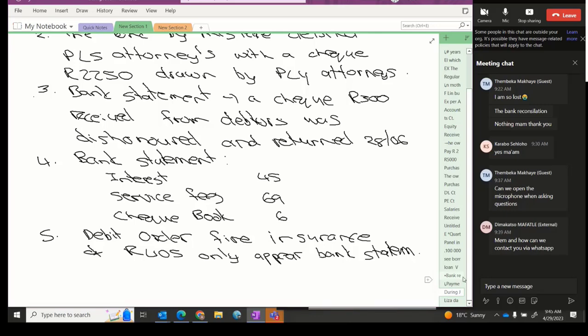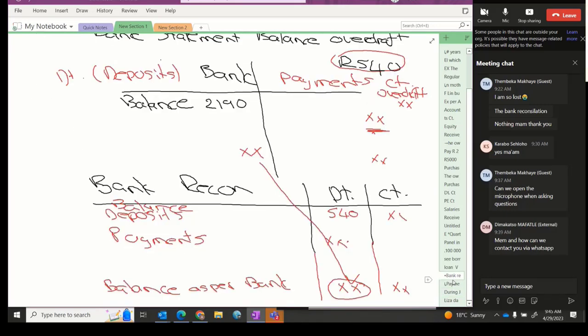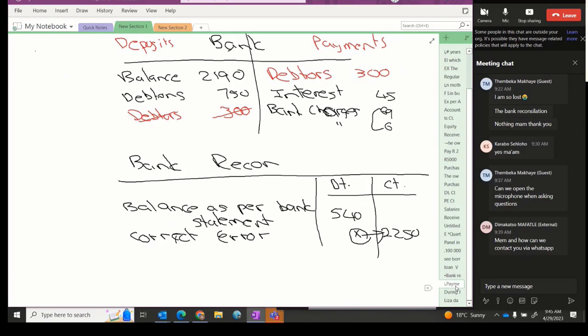So then you have to go and do it in your bank account, and the payment is done on that side. Insurance. Okay. So that's also quite easy. So it already went through your bank statement, but you didn't show it in your books yet. So that's why you have to go and do it there.